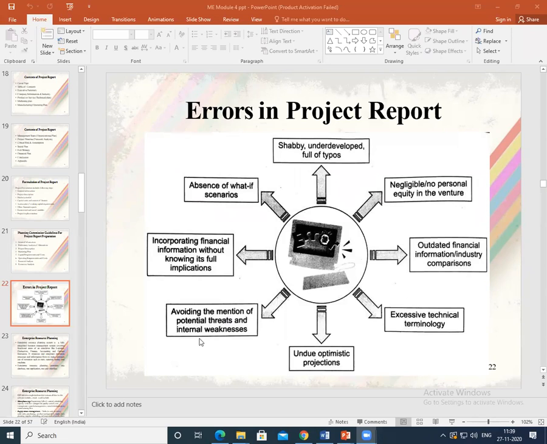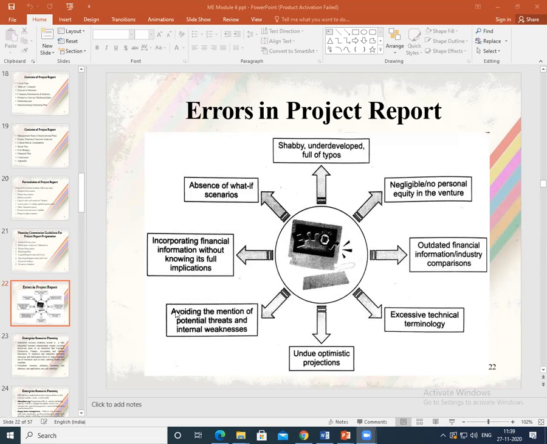If you avoid this, you may mention the strengths but not the weaknesses. You may mention the opportunities but not the threats. At that time also it would create a problem. So that is also one of the errors in a project report.